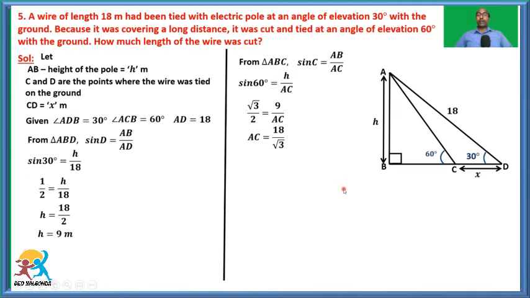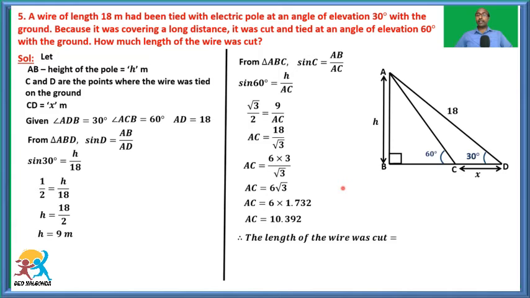Now AC is equal to 9 into 2 by root 3, that is 18 by root 3. So we can write it as 6 into 3 by root 3, and AC is equal to 6 root 3. Now by substituting root 3 is equal to 1.732, we get 10.392 meters. This is the length of AC, but we need the length of the wire was cut.